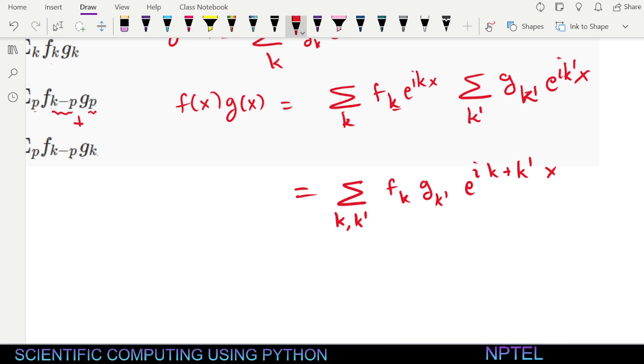Okay, so even let me not use k, let me use k double prime here. It's a dummy index, right? So I can use anything I want. And now I know that this should be equated to k. So k double prime plus k prime is equal to k, which means I can substitute k prime as k minus k double prime.